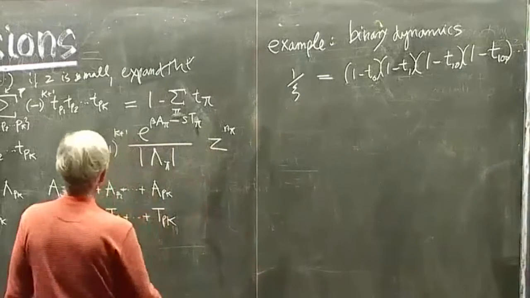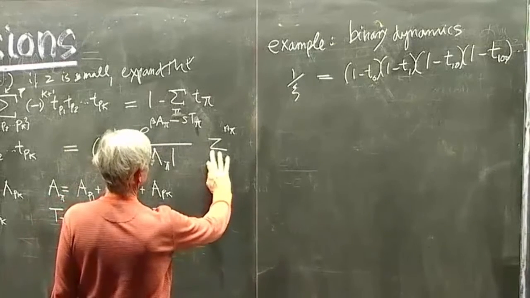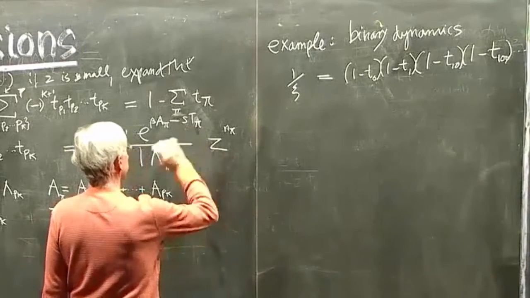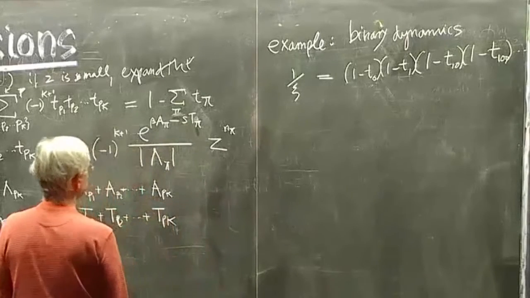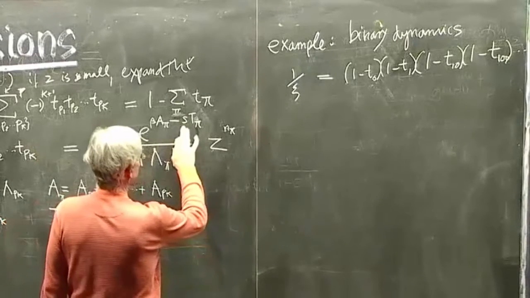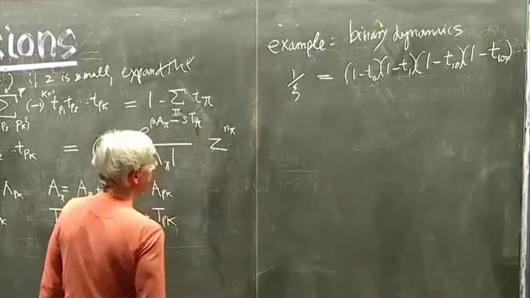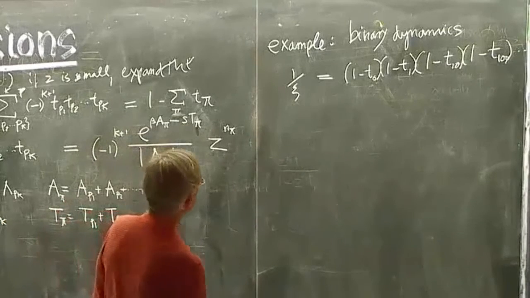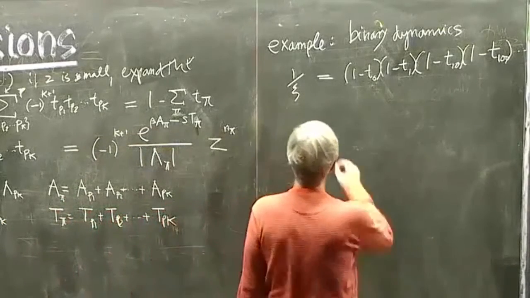As each cycle carries with it z to the n or s, either way, s close to 0 or small z, whatever makes you happier to think about analyticity of the series.